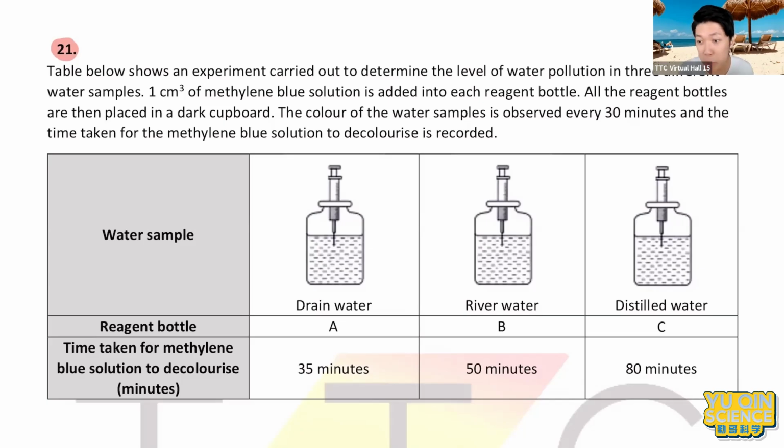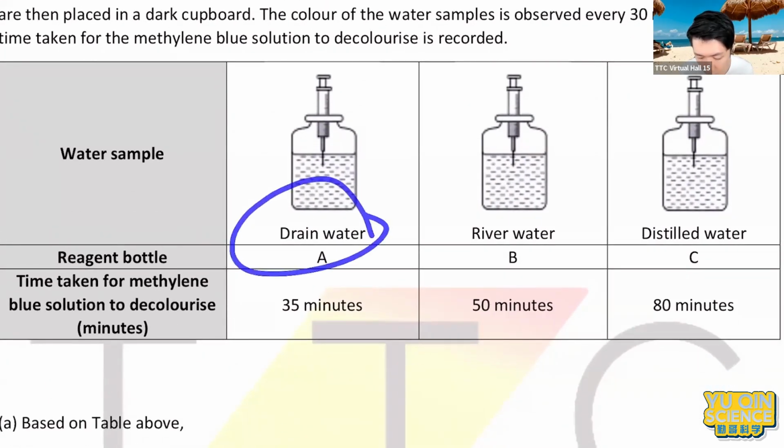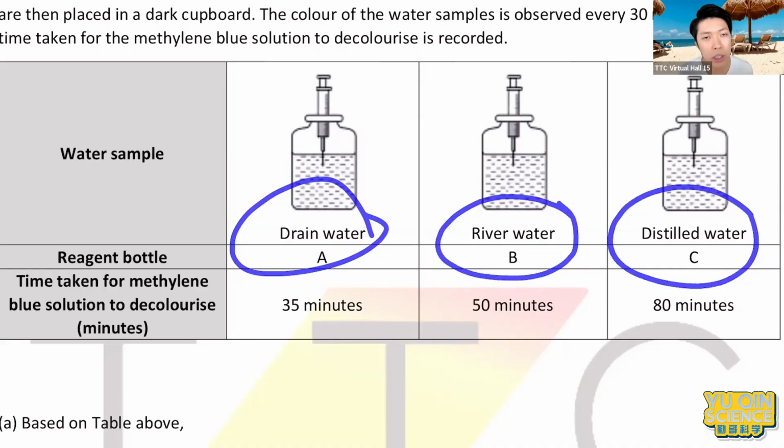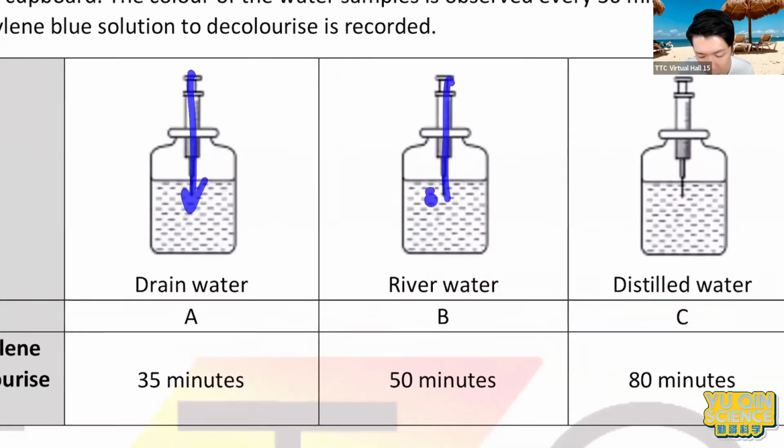So a little bit of background for this experiment. What we do is we collect 3 types of water sample: longkang water, river water, and distilled water. After we collect all 3 waters, we inject methylene blue solution. When you inject methylene blue solution, the water turns blue.